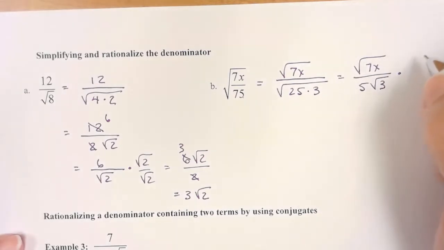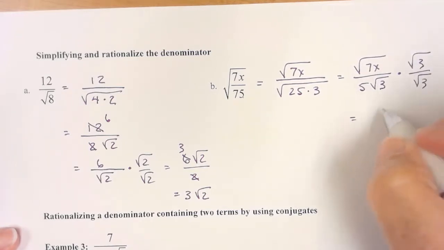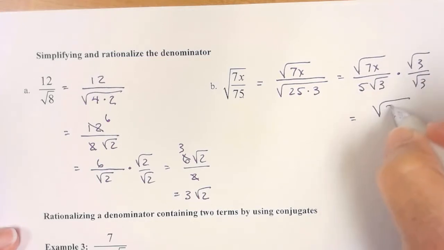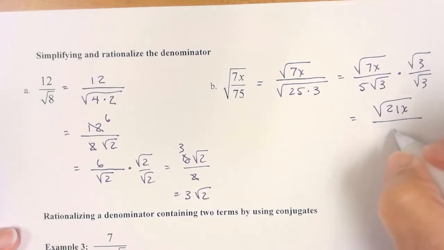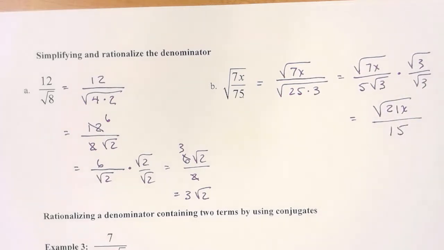And now I'm going to multiply top and bottom by square root of 3. So that would give me square root of 21x over 5 times 3, 15. And that will be it for that problem.